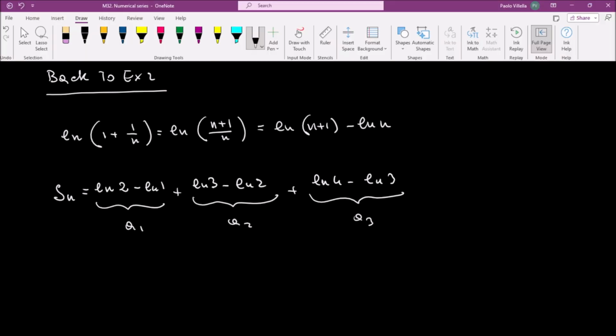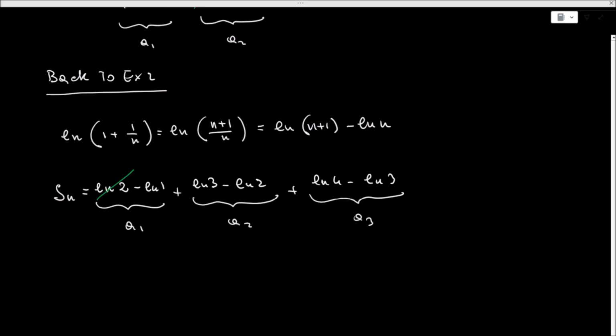And we see immediately that logarithm of 2 and minus logarithm of 2 will cancel out, and the same happens for logarithm of 3 and minus logarithm of 3.